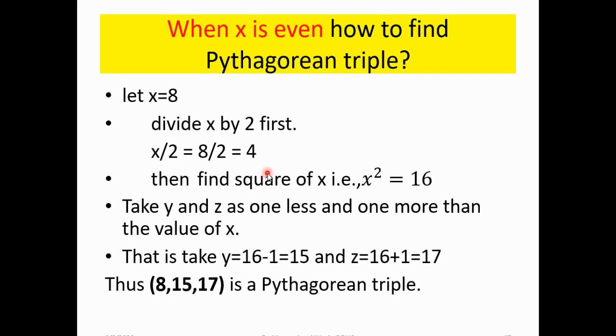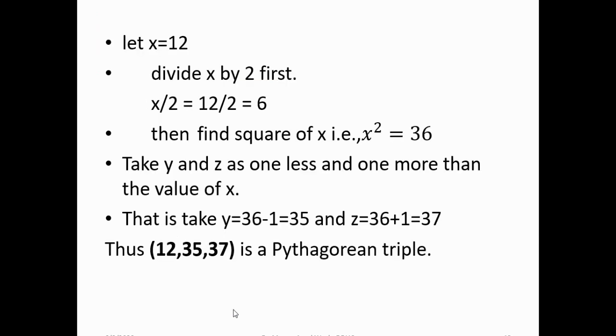So 8 by 2 is 4. Then the square of 4 is 16. Then take y and z as 1 less and 1 more than this value. So y is 16 minus 1, that is 15, and z is 16 plus 1, that is 17. So 8, 15 and 17 is a Pythagorean triple.